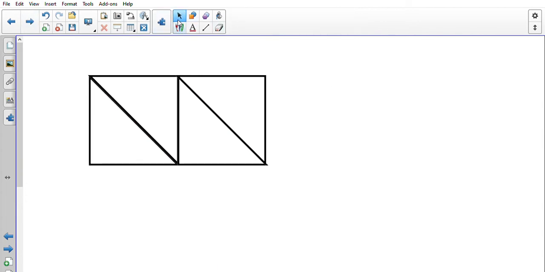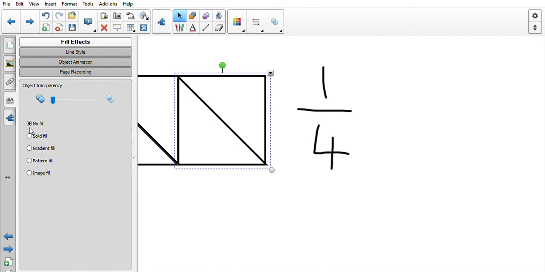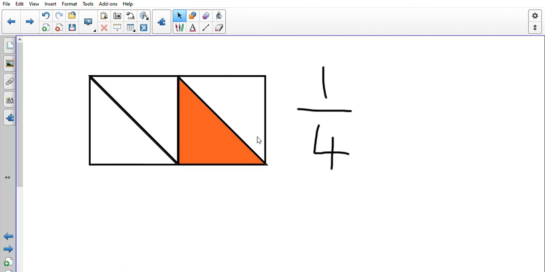How many pieces would I need to colour in to show 1/4? Fantastic. Yep, you're right. I need to colour 1 in. Doesn't matter which one. I can colour any of the parts and then I can show that I've got 1 part shaded. 1/4.